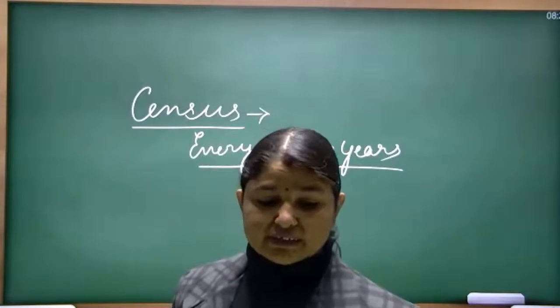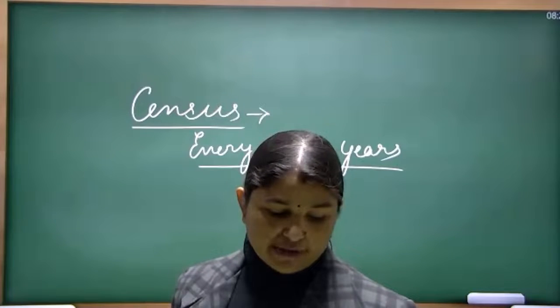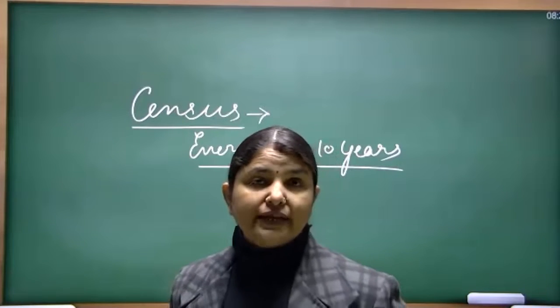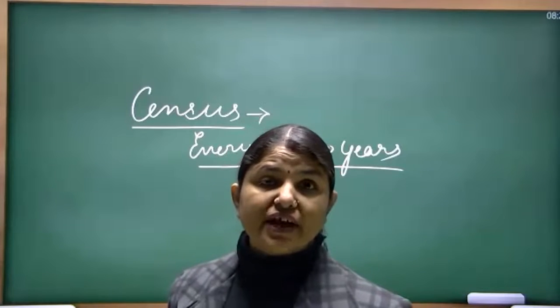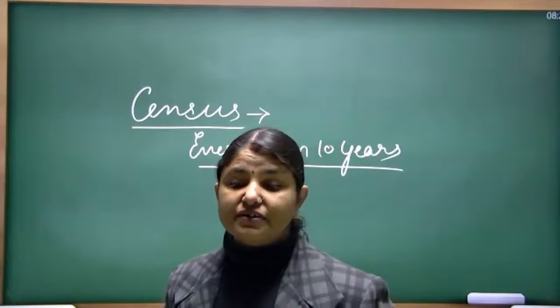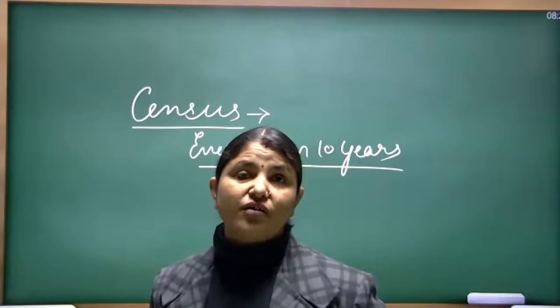After that, I told you yesterday that according to the census of 1961 and 2011, there is a great difference between the literacy rate of boys and girls in our country.